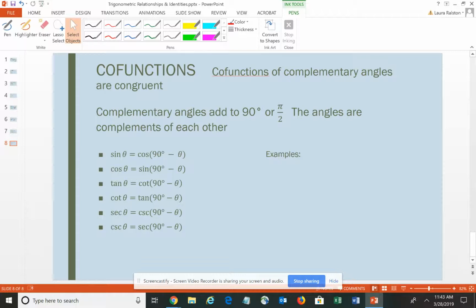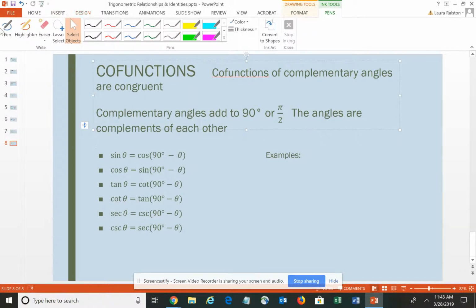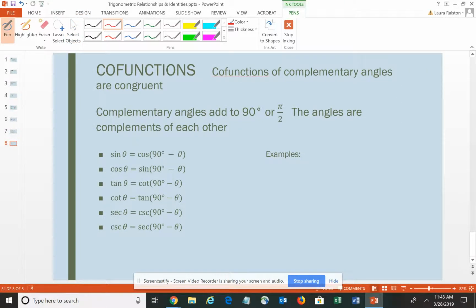So let me see if I can help you make sense of this. Let's say, for an example, we have a 30-degree angle and a 60-degree angle. Hopefully you realize that those two are complements of each other, because 30 plus 60 is 90 degrees.